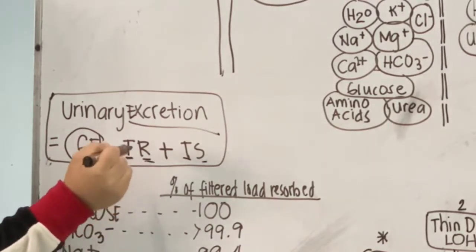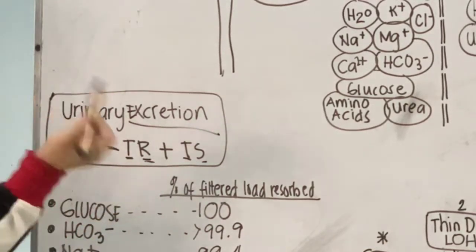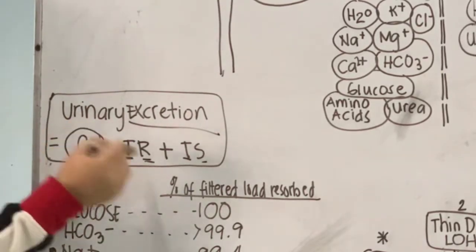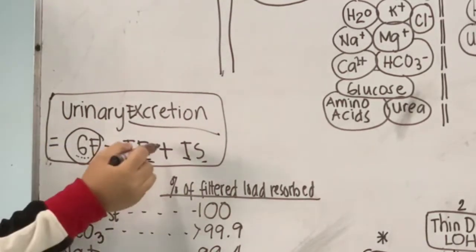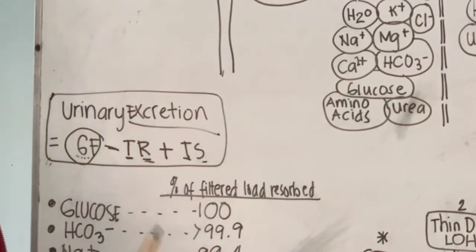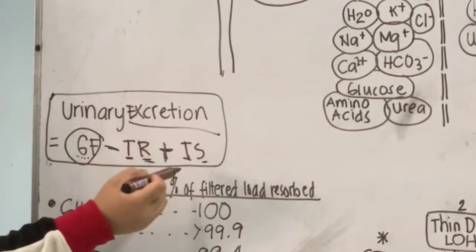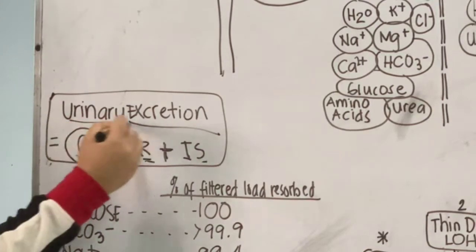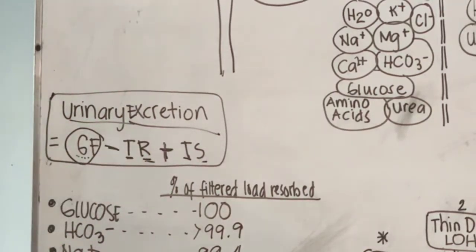Diba? Because tubular reabsorption is giving substances back to the blood. And then, after some substances are reabsorbed, then may tubular secretion na add siya because from the blood, mahatag naman siya substances to your nephron para ipagawa as urine. So, yung formula for urinary excretion.